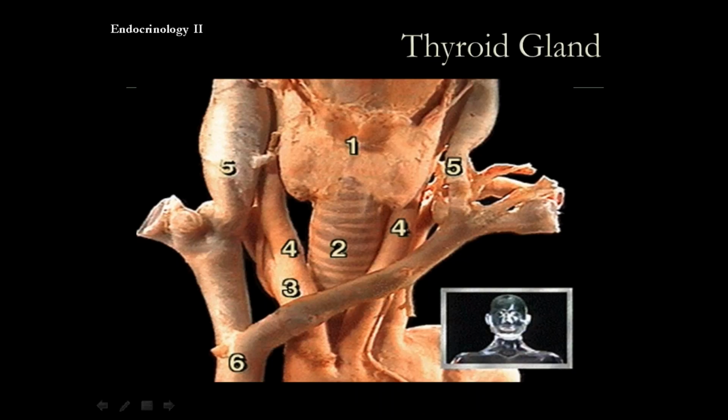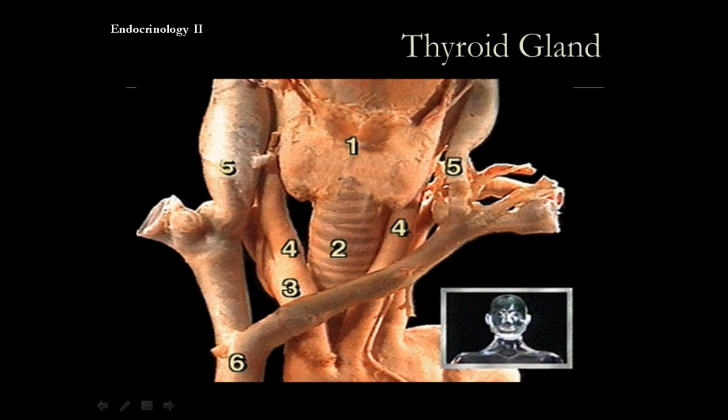Here are the carotid arteries, the internal carotid artery on each side of the thyroid gland. This is the trachea, and the jugular veins with the brachiocephalic veins that form the superior vena cava. Here is another nerve, the vagus nerve, which gives the recurrent laryngeal nerve for the voice.